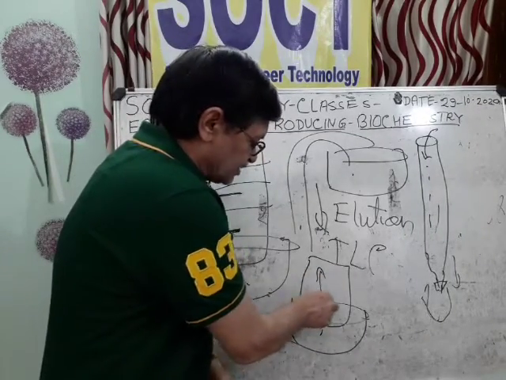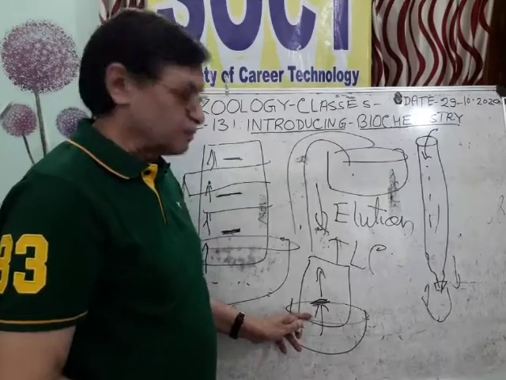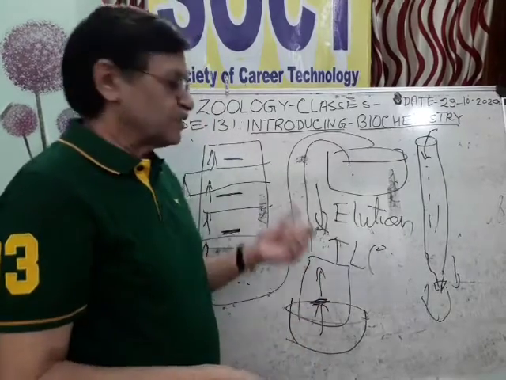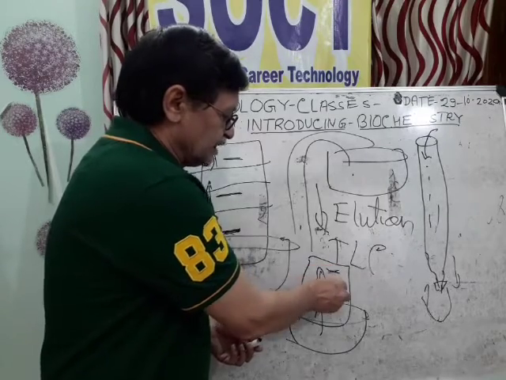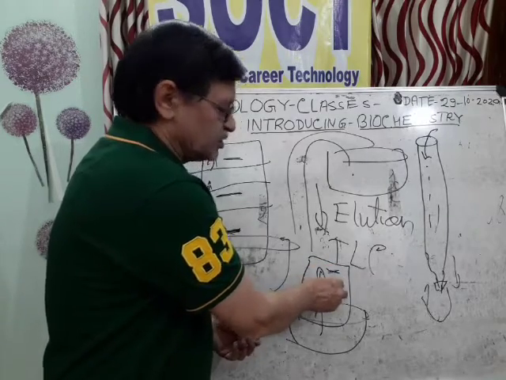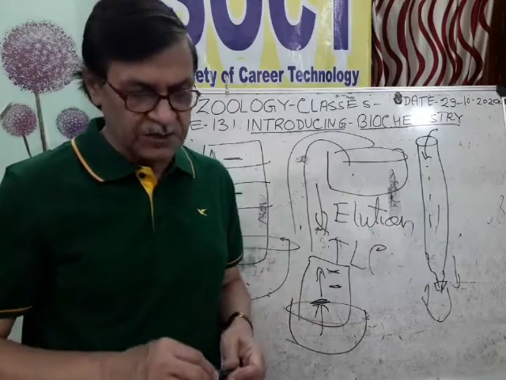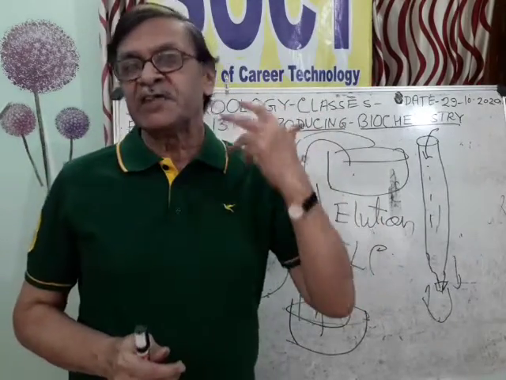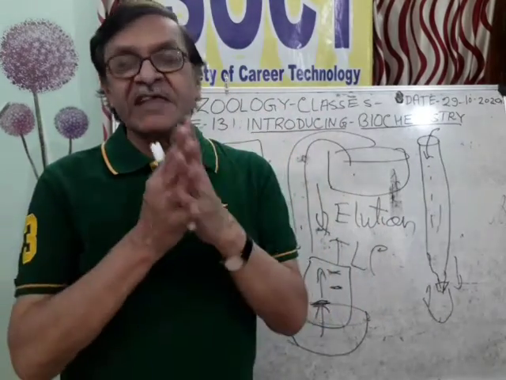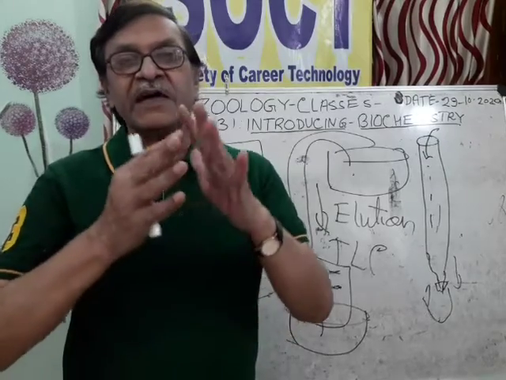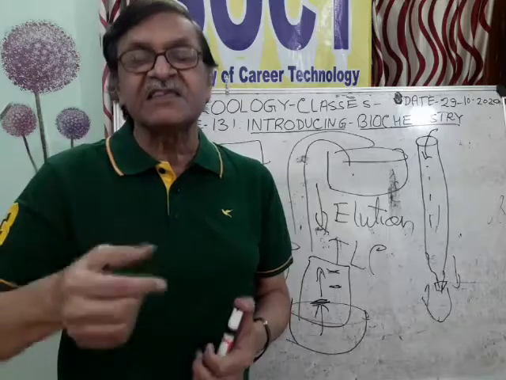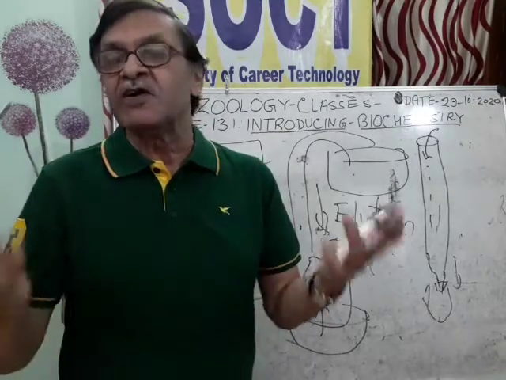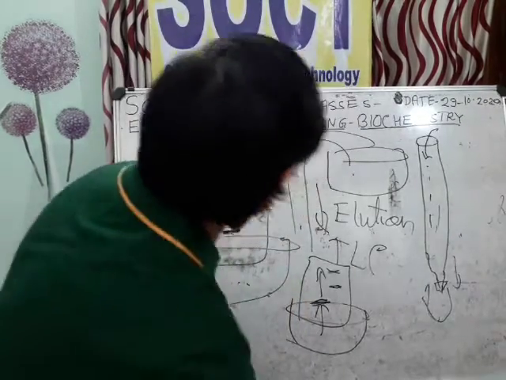The mixture of compounds is kept at the bottom. After some time, same as paper chromatography, the lighter molecules will reach here, the heavier molecules will reach here, so they can be separated from each other. So these three are the basic principles of biochemistry for separating a molecule from a mixture of different molecules, which makes the central theme or basis of biochemical analysis.